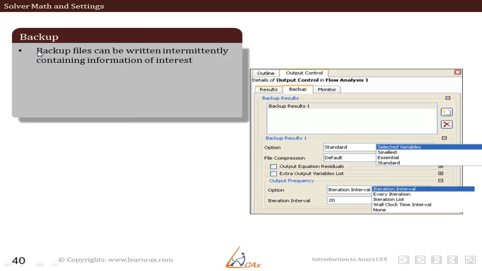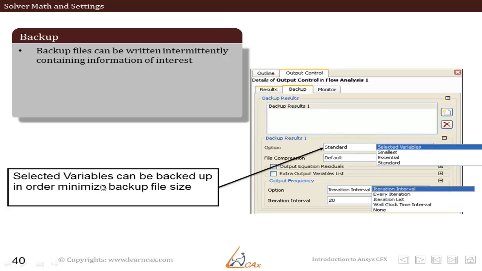In that, we save backup files intermittently which contain information that is of interest. We can give the settings for which sort of variables or options are needed. In the first Backup Results drop-down box, we have to select variables that can be backed up in order to minimize backup file size.